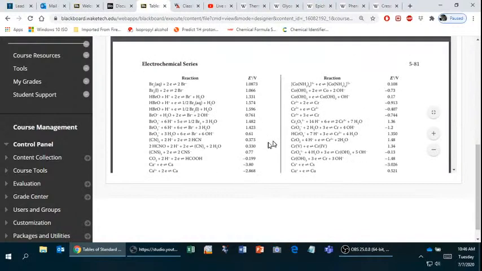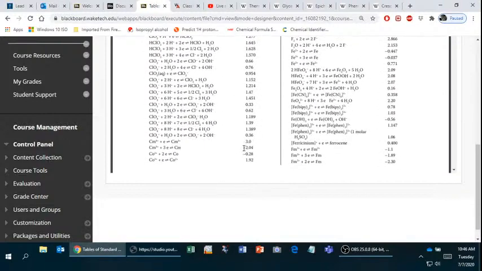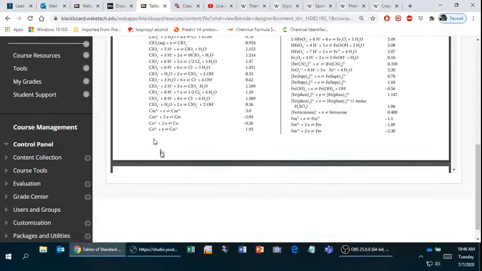If I look at the bromide reaction, HBrO goes to Br minus, this is 1.311 volts. And we have cobalt, which is negative 0.28.